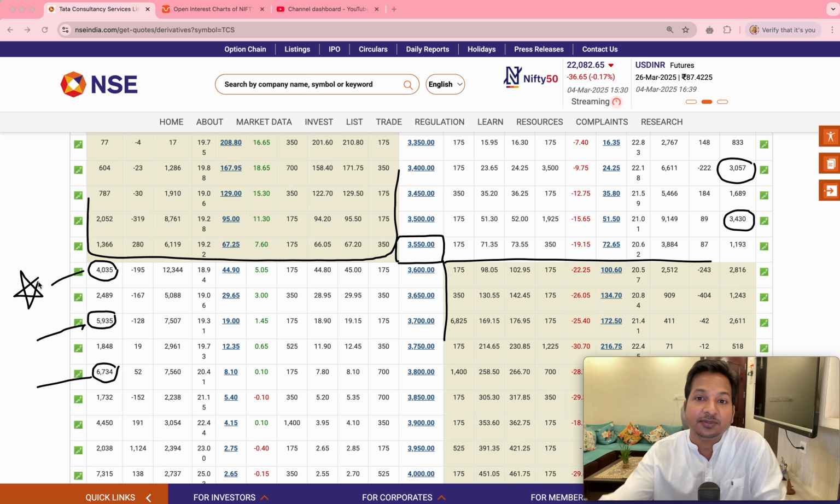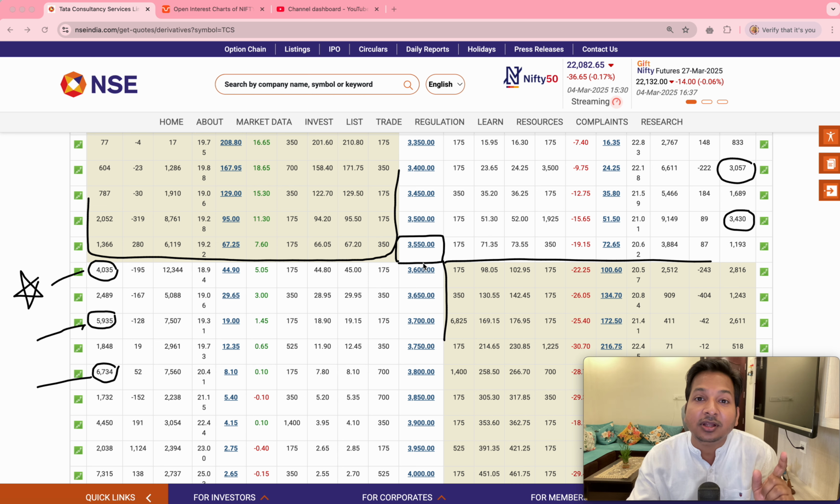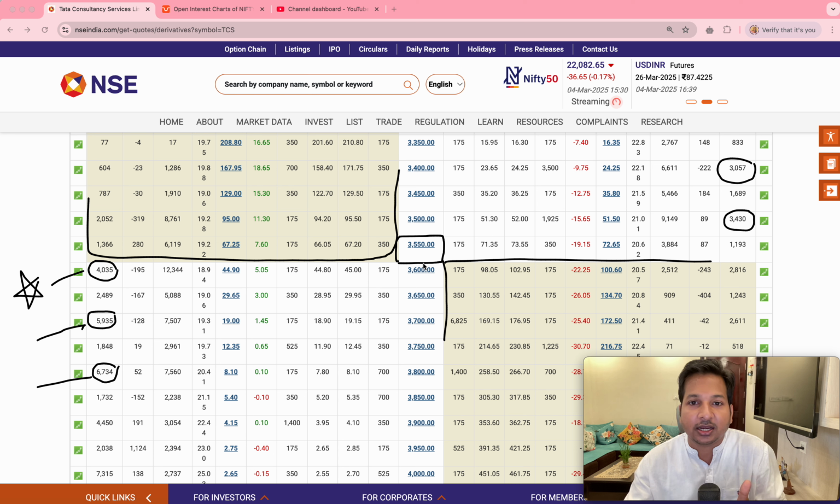So if somebody is putting that much money to sell 4,000 contracts of the 3,600 call option, he has some data that you and I don't have. He can be wrong, but the chances of him being wrong are very low. So always see the OI data from the perspective of the option seller. That will make your work very easy.